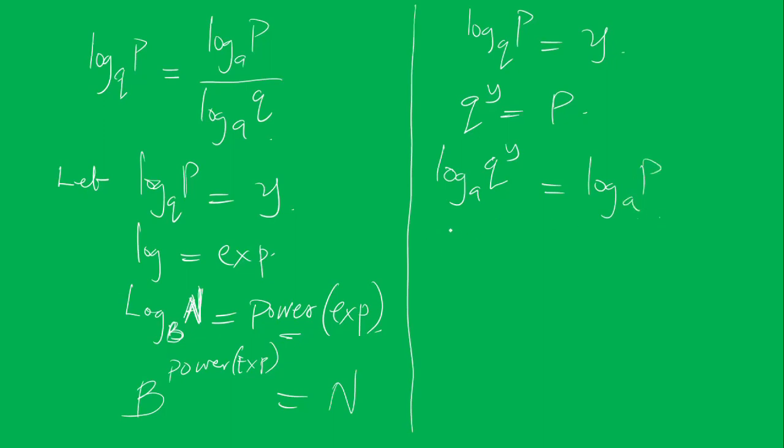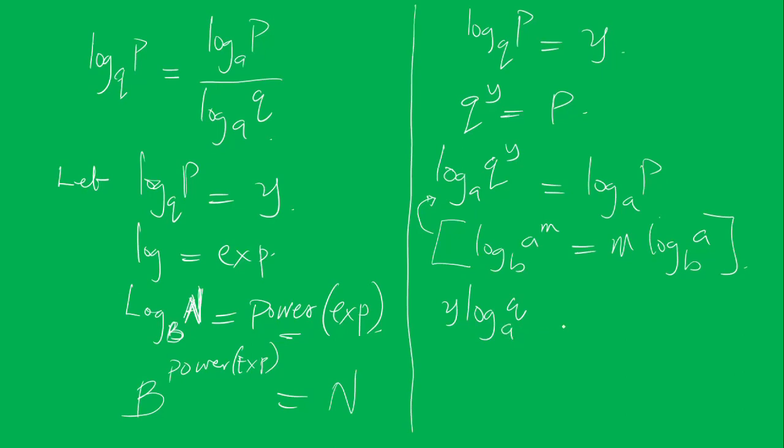Now, according to the law of logarithm, log a to power m base b is the same thing as m log a base b. So using that expression here, you now have y log q base a equal to log p base a.